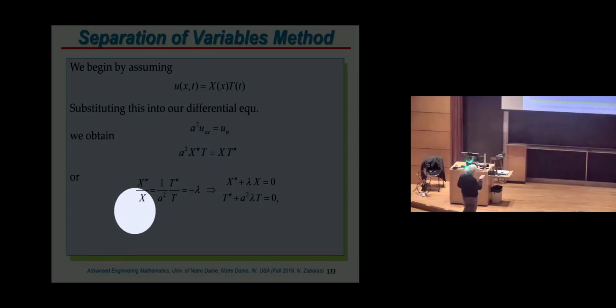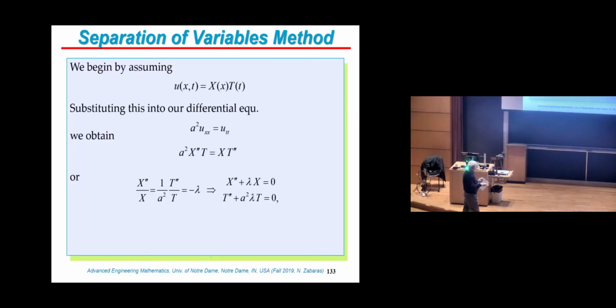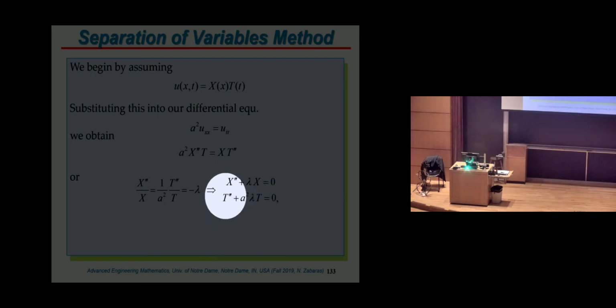We get two ODEs, one for capital X, one for capital T. The only difference from before is that the equation for capital T, this is the equation in time, is a second order ordinary differential equation. So we have one ODE for X, and one ODE with an independent variable being time, okay?